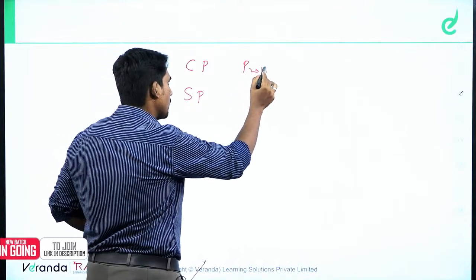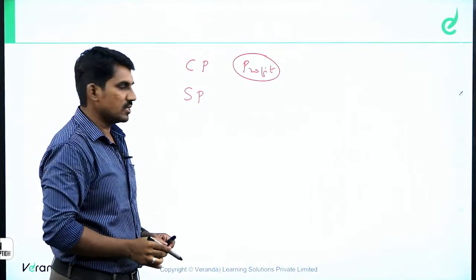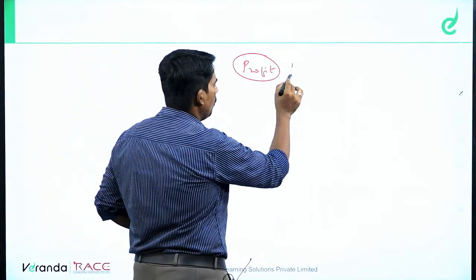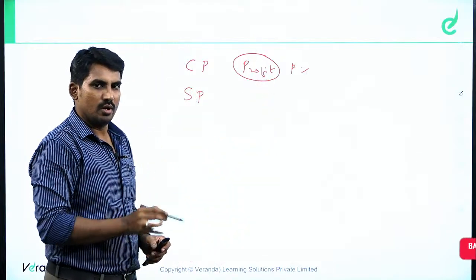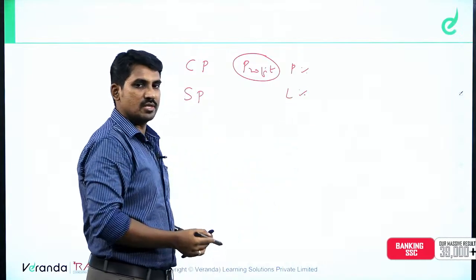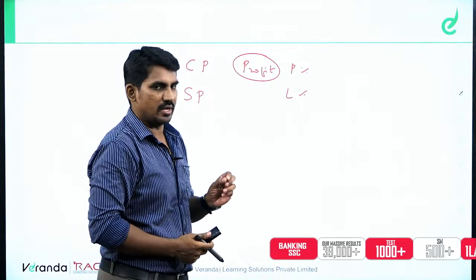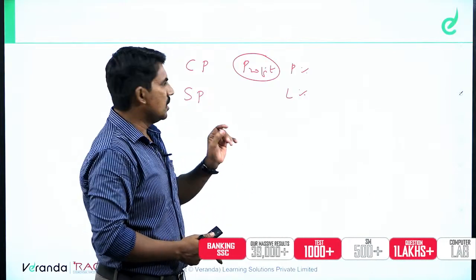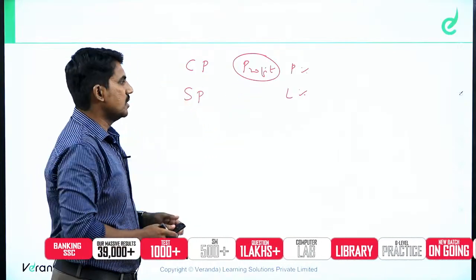The topic itself is called profit and loss, but from an exam point of view, we should know what profit percentage is. And how we can calculate loss percentage from the loss. That we should know.